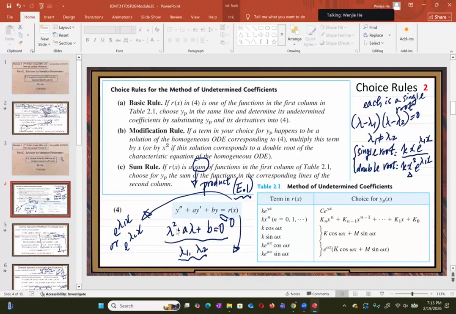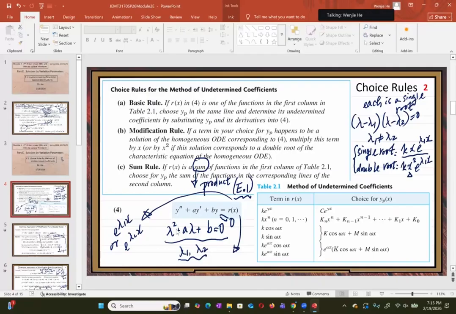So based on this rule, we use A, B, C, no redundancy. They are really necessary. No redundancy, that's the main point.